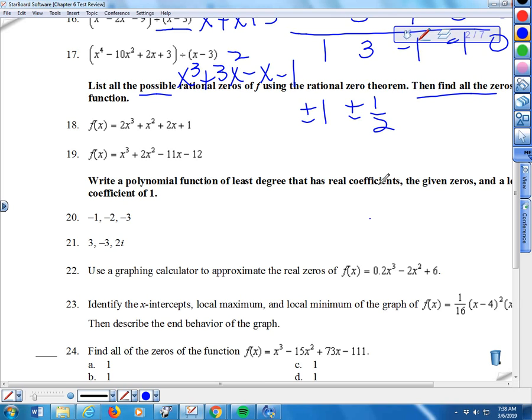Graph it. Looks to me like maybe, that's hard to see. I need to zoom out or go to standard in my window. Looks to me like it's at 1 half. Is that right? I don't know. I think I'll just start with 1.